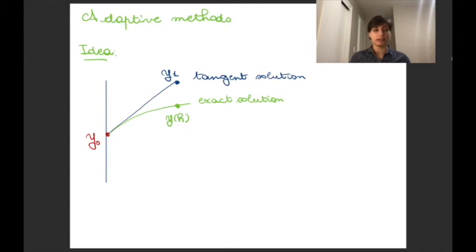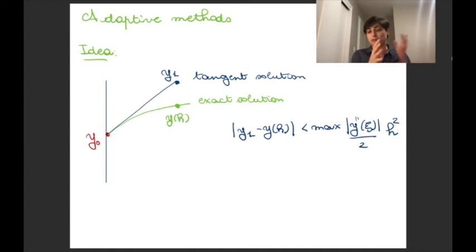So there is a category of methods that are called adaptive methods. The idea is that if you're taking your initial condition, you're taking the tangent solution and the exact solution, the error that you're making, as we discussed before, depends on h squared, but we know the coefficient in front of h squared. The error that you're making is bounded by the second derivative of y in the interval that you just considered.